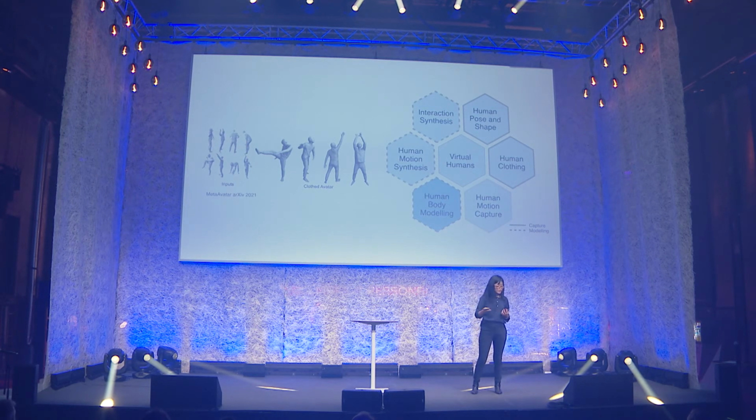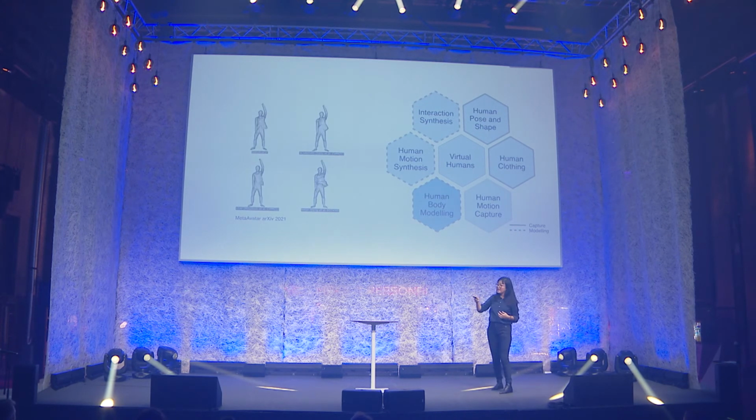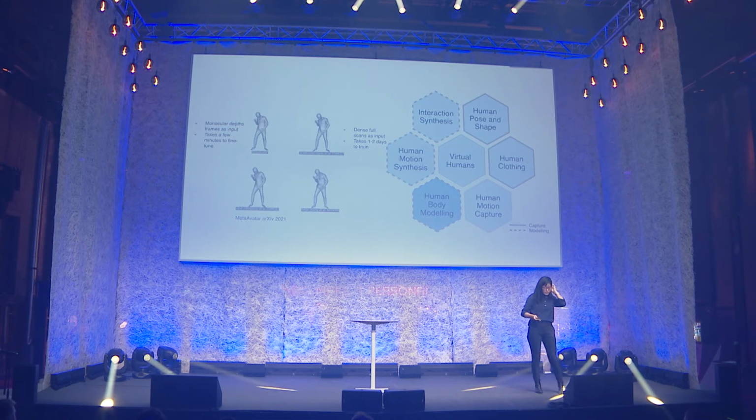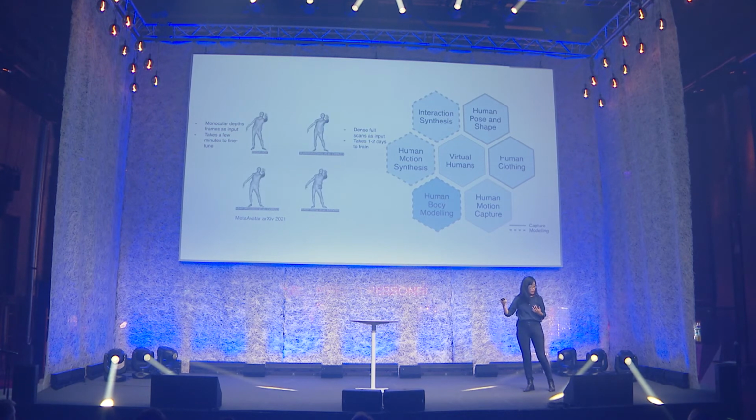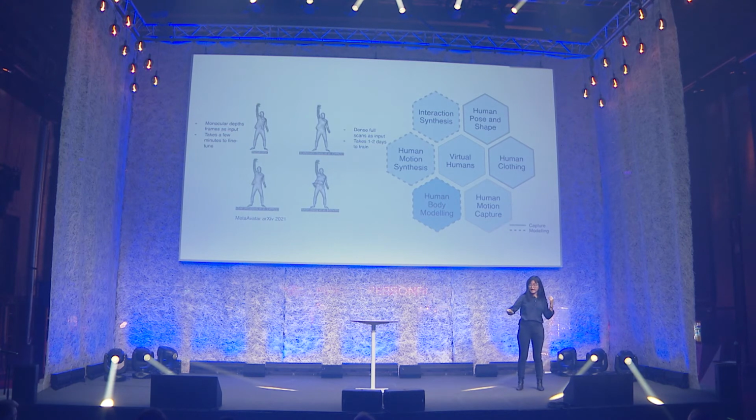So basically, we build a model of this person, for which we only have, for example here, 8 depth frames. I want to show you some comparison with the previous state of the art. On the top left is our result. Compared to the state-of-the-art result on the top right, which uses dense full scans as input and takes 1 to 2 days to train an avatar for this person, our model only needs monocular depth frames, which means we really democratize this creation process, in the sense that one can use RGBD depth frames as input, and it only takes a few minutes to create this animatable avatar.